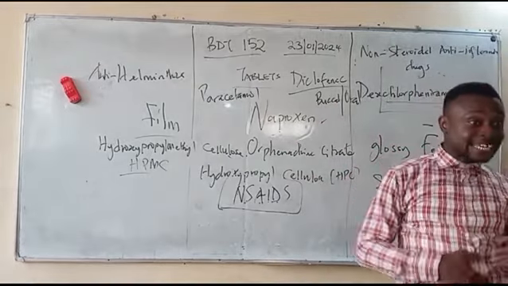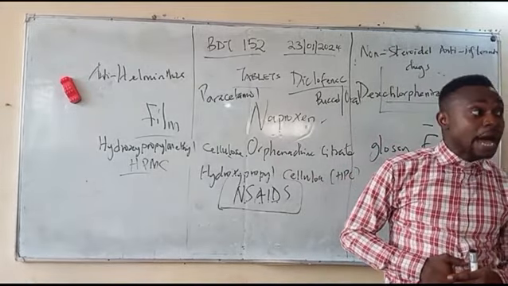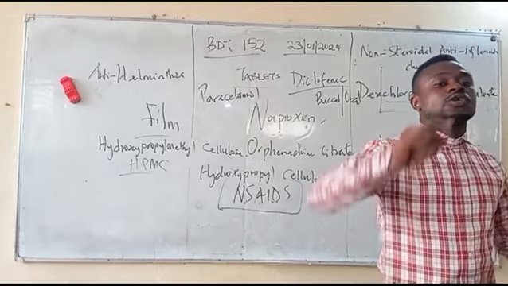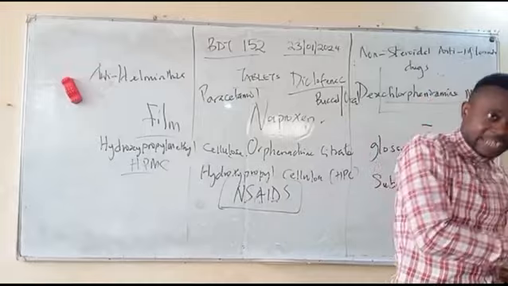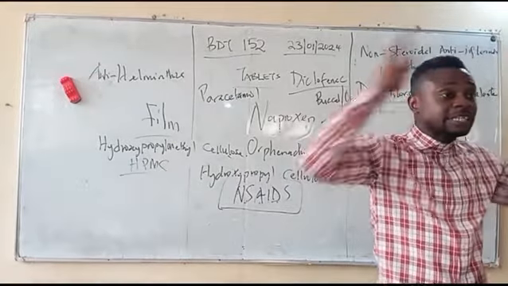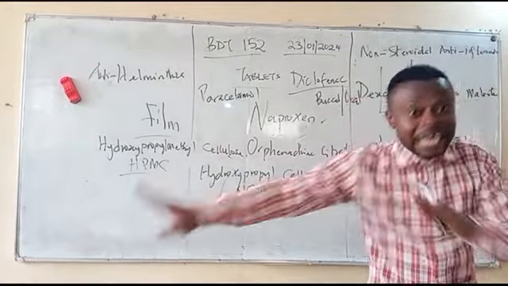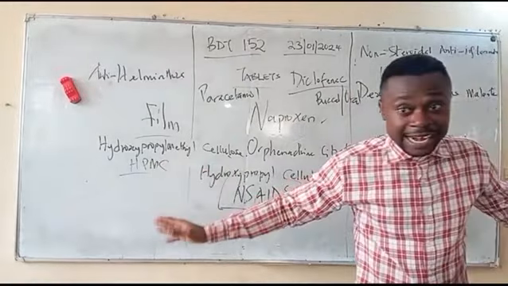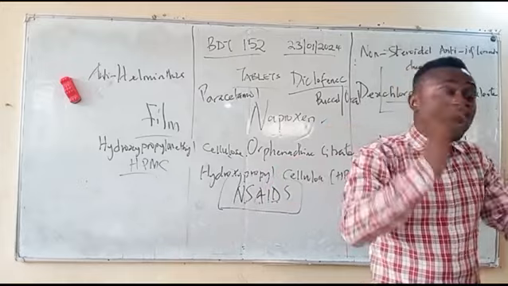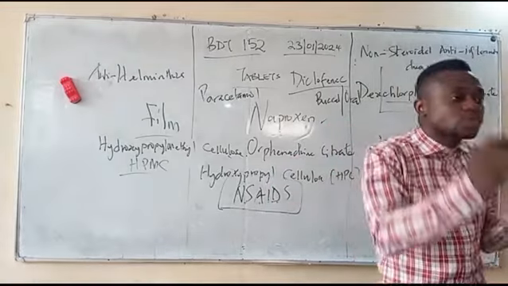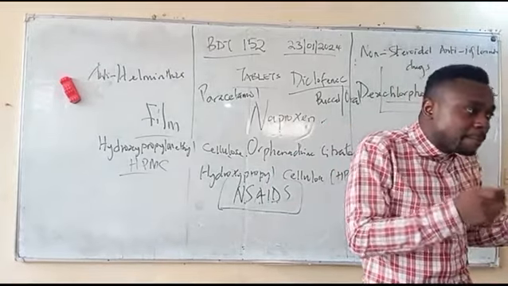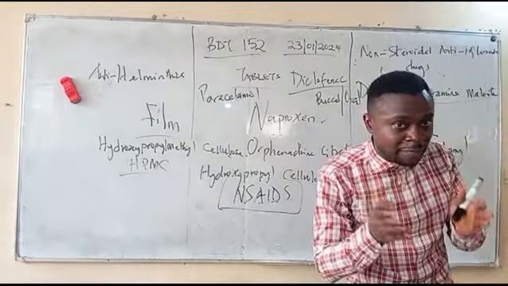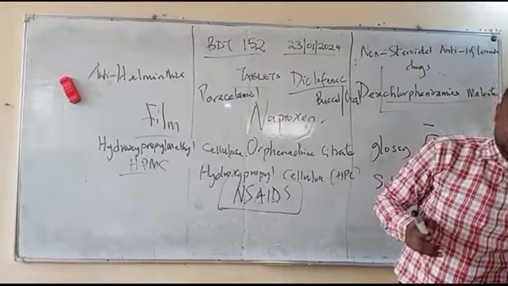But once they enter the stomach, they are bound to enter the liver. First pass metabolism is that when they pass through, they will be metabolized in the liver before they even start their action. They are not all drugs anyway, but drugs affected by this metabolism experience the first pass effect.